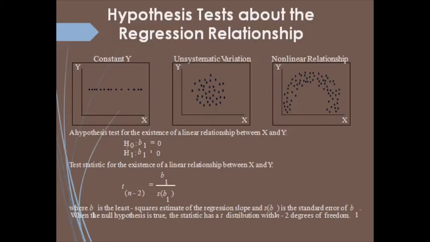This is the formula for the test statistic, where B1 is the least squares estimate of the regression slope and SB1 is the standard error of B1. When the null hypothesis is true, the statistic has a t-distribution with n minus 2 degrees of freedom.